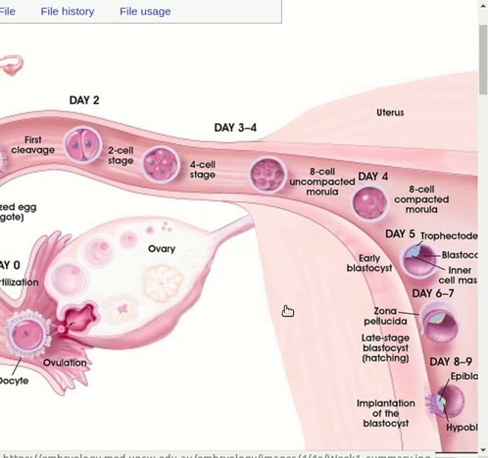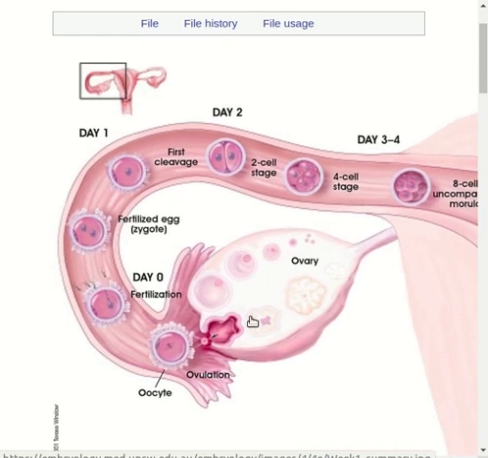But let's start at day 0. Day 0, it is called an oocyte. Then it gets fertilized. It's then called a zygote, and a zygote is a 1-cell embryo. Within 24 hours after fertilization, the zygote initiates a rapid series of mitotic, so mitosis, cell divisions called cleavage.